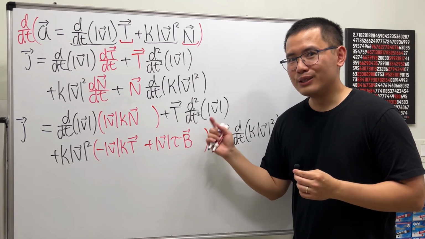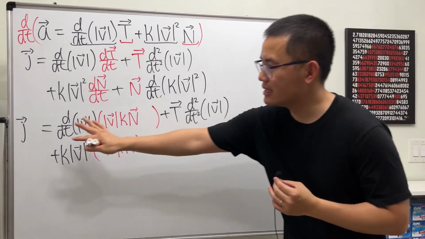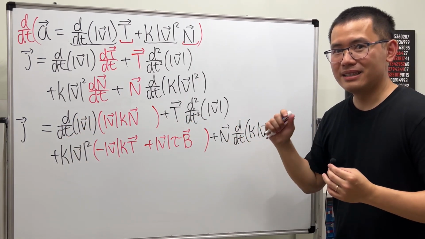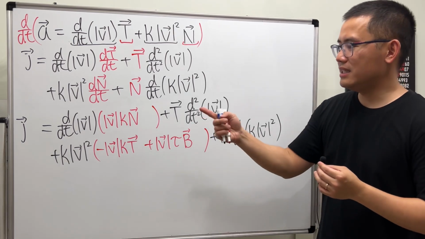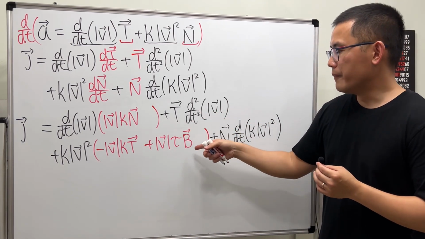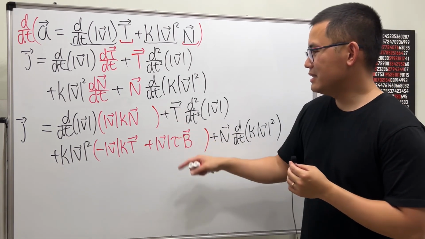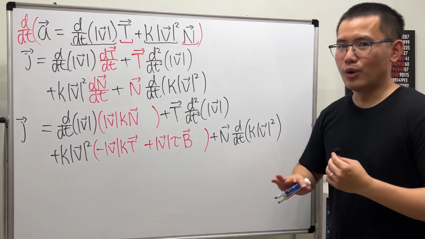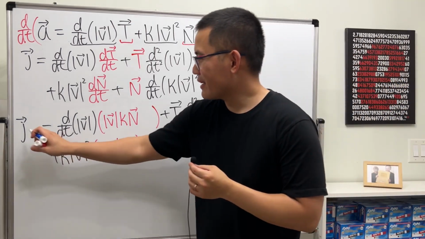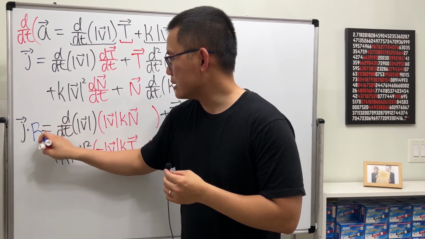Okay, then you see that this is the only part that has the torsion, and we have the unit binormal vector. So this is why we are going to do the dot product of everything by b, because t and n, they are both orthogonal to the vector b. And when we do the dot product, you see this, and that, they will all be gone. So here we go. I'm just going to have j, and we do the dot product with b.